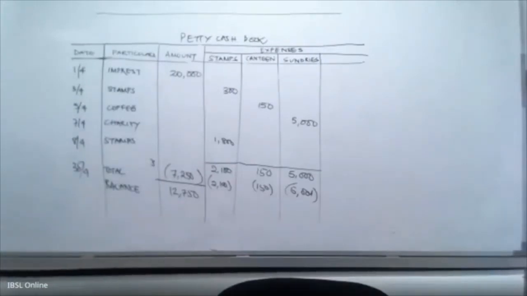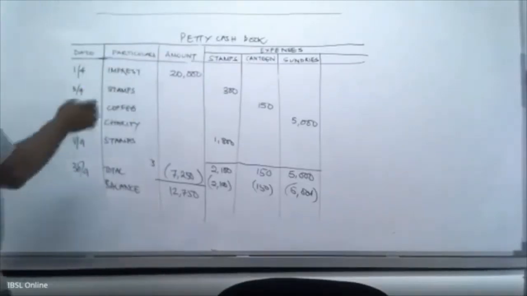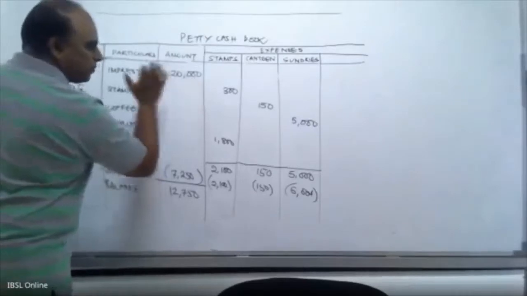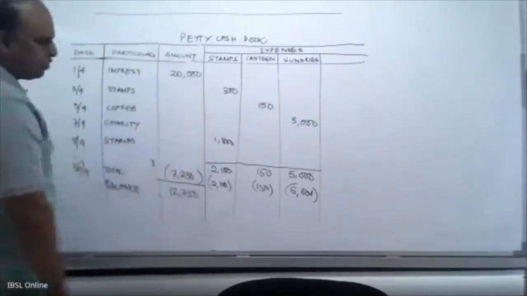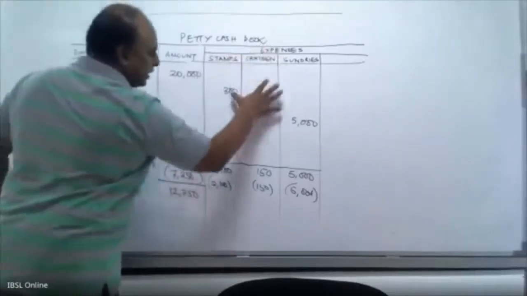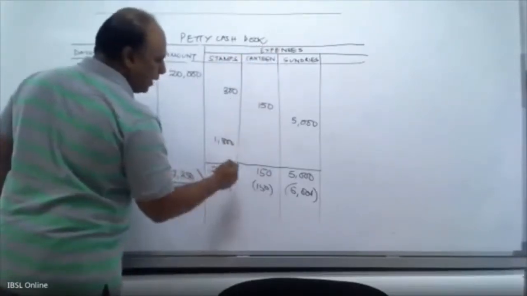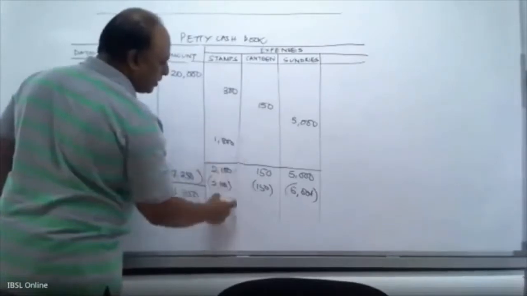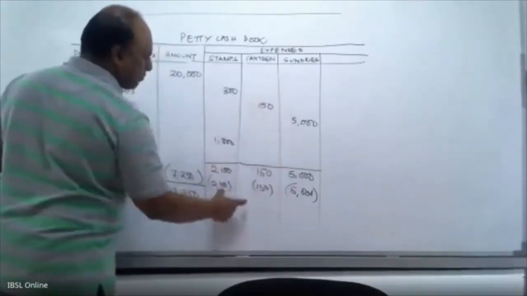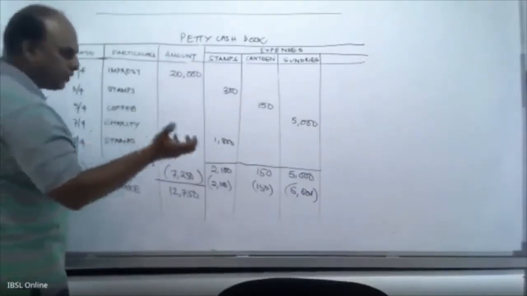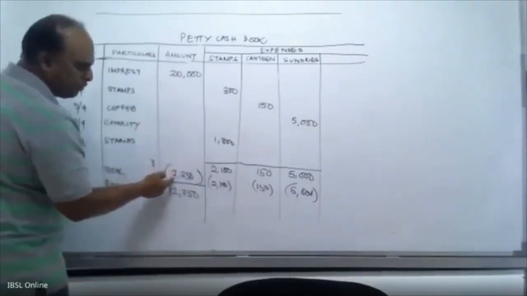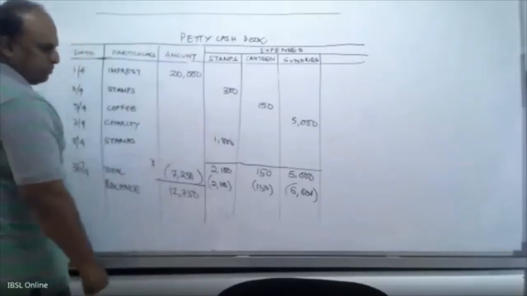12,750. Now what will happen when you go to the month of May, that is next month, again you have to start with 20,000. So you will go back to your main cash officer with these details and all the invoices and receipts and bills that you have, hand it over to your main cash officer and you collect 7,250 from the main cash.